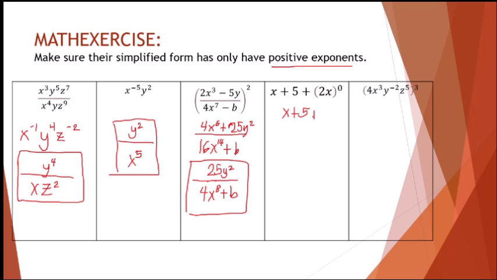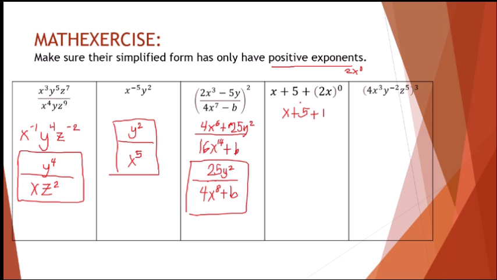Since nakapaloob pareho yung 2x, hindi yan 2 times 1. Bakit? Kasi ito, nakaparenthesis. Kung 2x raised to 0, pwede pa, magiging 2, kasi 2 times 1 is 2. Ngayon, magiging 1 yan, kasi nakalahat yan.